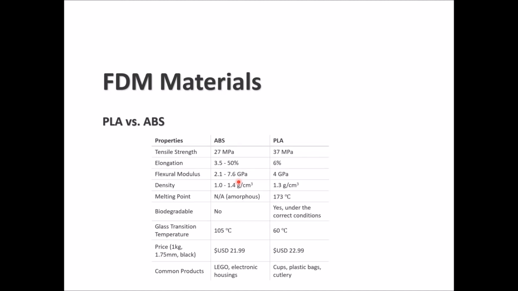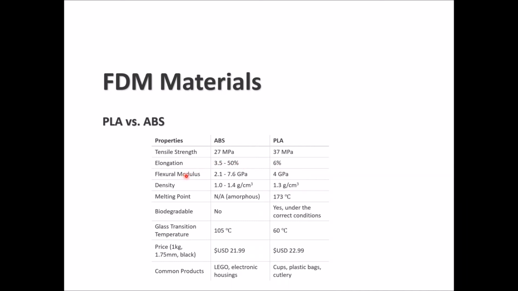So if we compare side by side the properties of ABS and PLA: for tensile strength, ABS scores 27 megapascal for a certain sample, and PLA 37 megapascal, so higher tensile strength for PLA. Elongation can go from 3.5 up to 50% for ABS, and only 6% for PLA, so ABS wins for elongation.